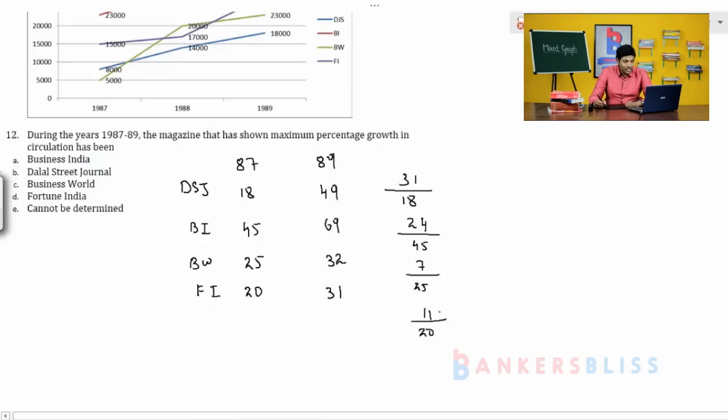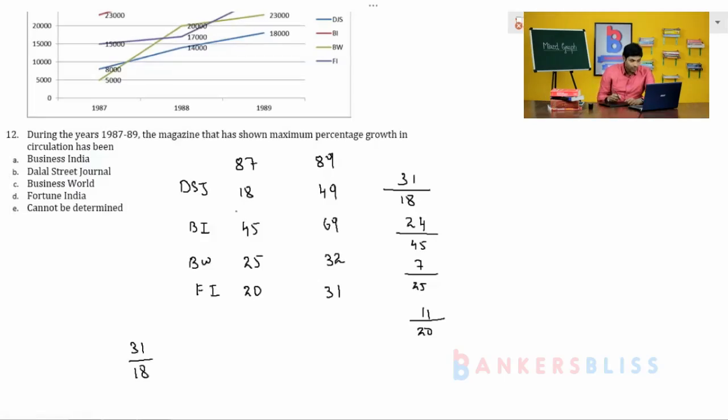So among these four fractions, which is the highest one? 31 by 18, 24 by 45, 7 by 25, 11 by 20.